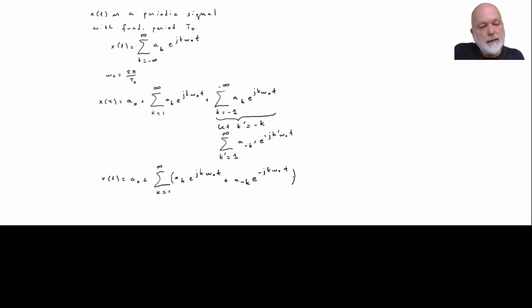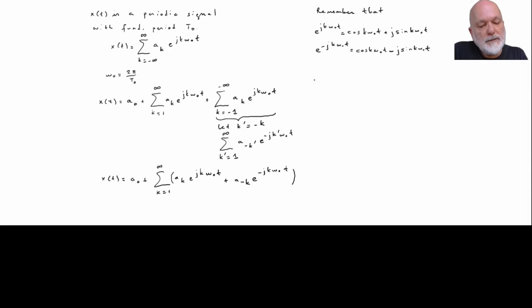Okay, then we can do the following. We remember that e to jk omega 0 t is equal to cosine k omega 0 t plus j sine k omega 0 t, and e to minus jk omega 0 t is cosine k omega 0 t minus j sine k omega 0 t.